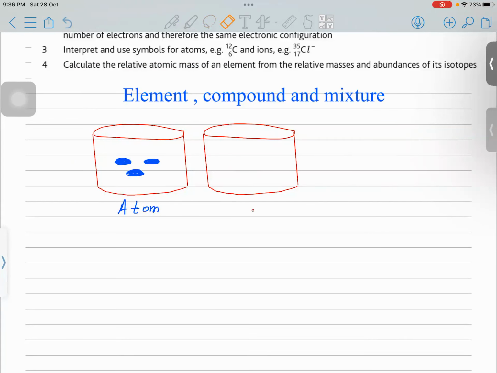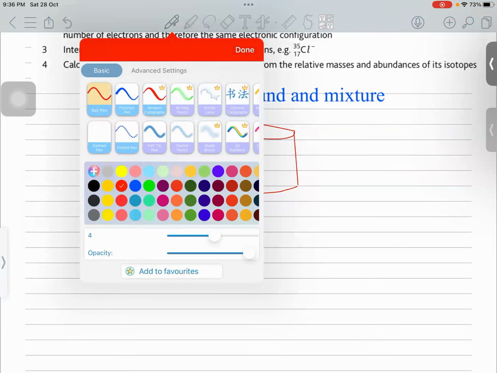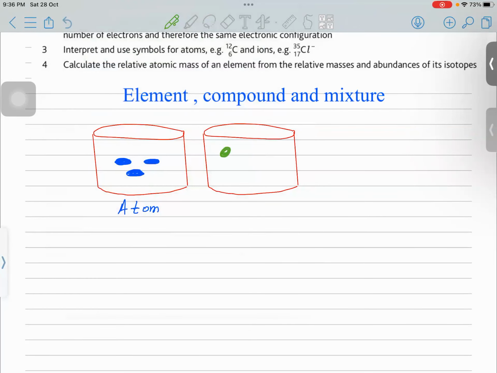Now consider these two. Now these two join, so these are a molecule. Aren't they elements?